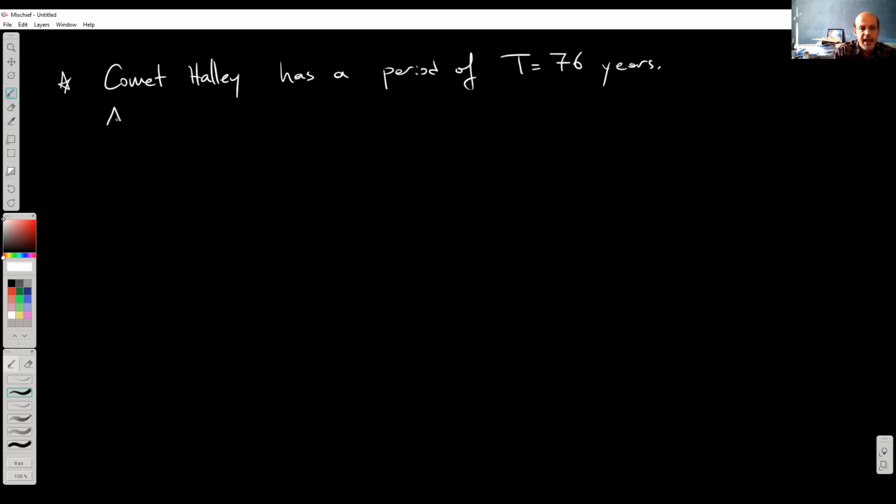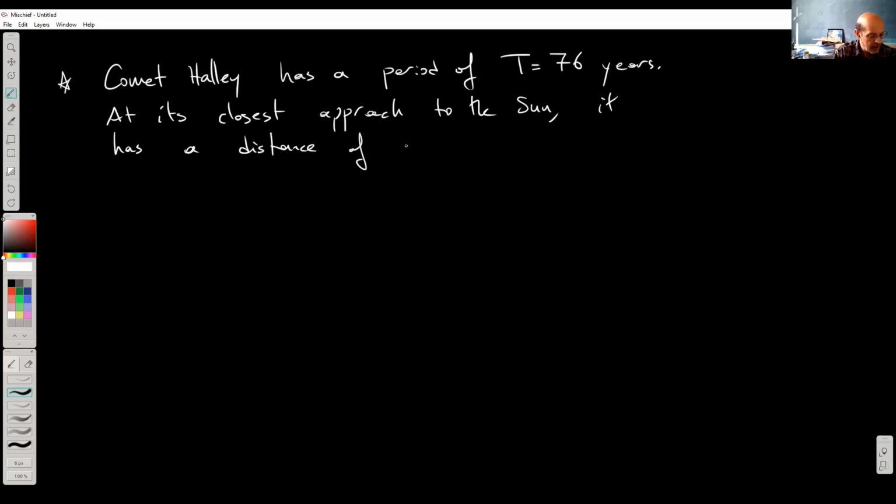At its closest approach to the sun, it has a distance of r_P equal to 8.9 times 10 to the 10 meters.